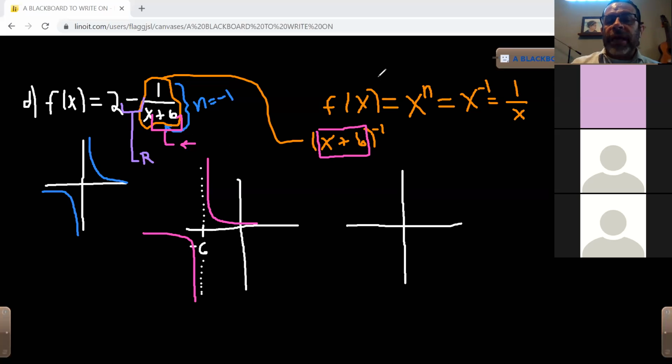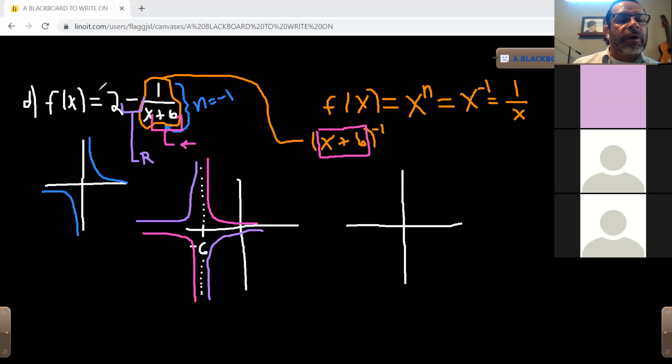Okay. So what's going to happen with the reflection is that now, and this is going to be the purple one, now what we're going to have is this here. And we're going to have this over here. Okay. So the pink is the +6, it's been moved. The minus generates the reflection. Okay.